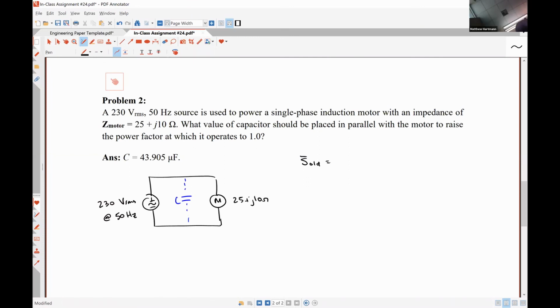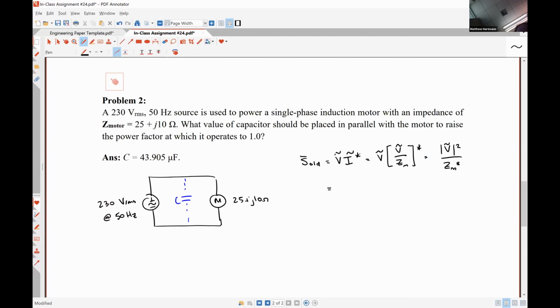Okay, so what I believe you're referring to is, we know that the complex power is the voltage drop times the complex conjugate of the current, where the complex conjugate of the current is the voltage drop divided by the impedance of the motor conjugate. And so what this gives us is the magnitude of the voltage squared divided by the conjugate of the motor's impedance, if I've done my math correctly, which I believe I have.